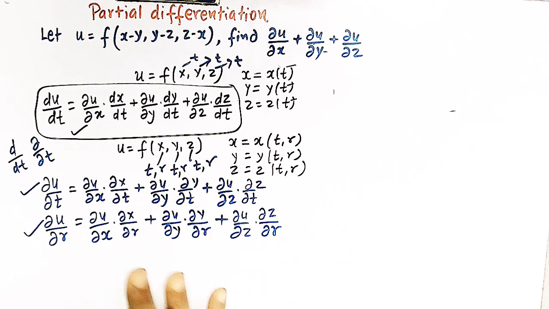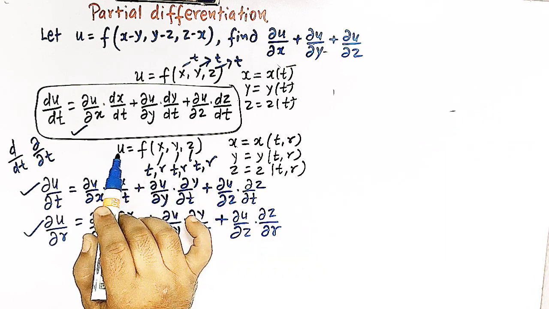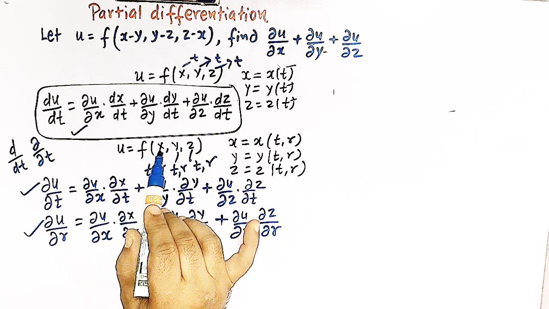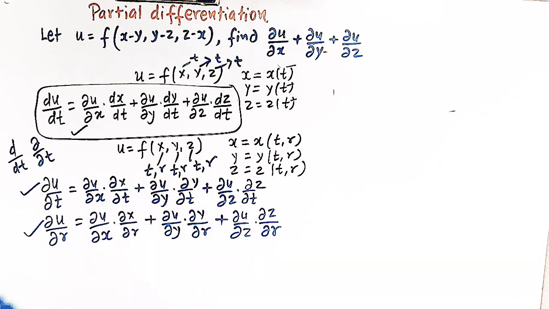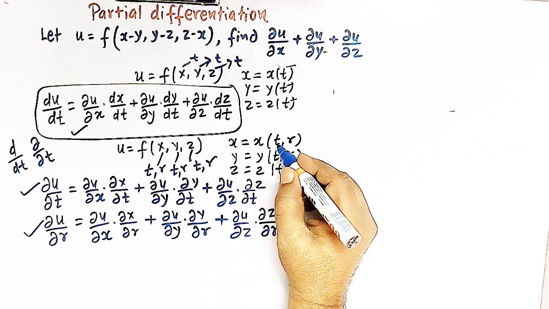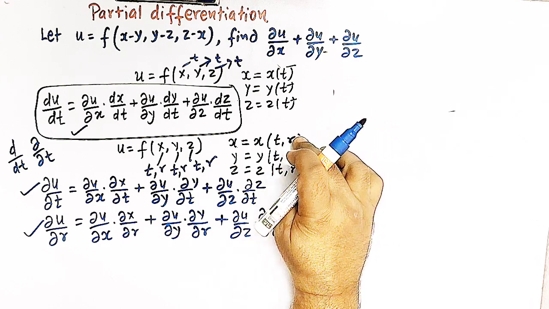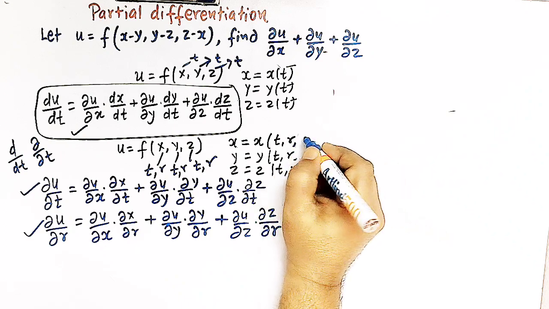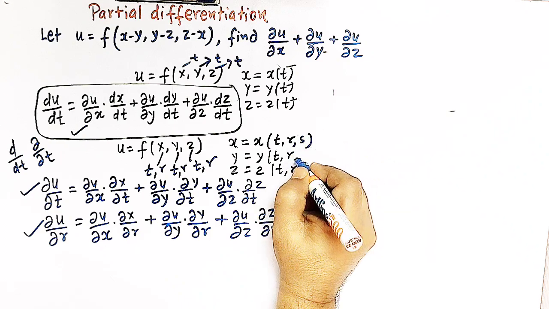So now let us extend this idea to three variables. Now suppose u is a function of x, y, and z, and x, y, and z are functions of, say, three variables. So here we have t, r, and we can also introduce the variable, say, s, right?